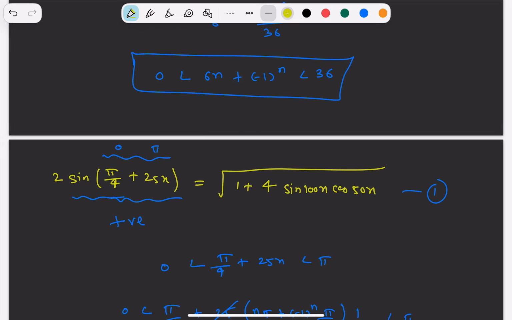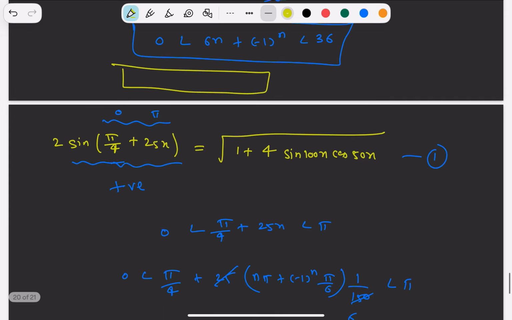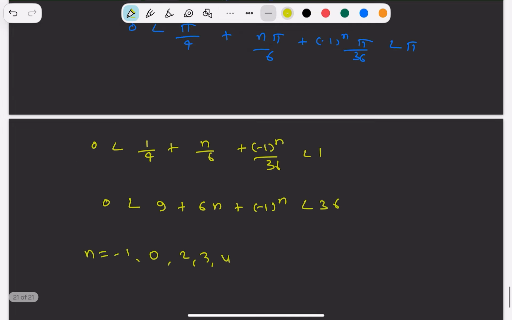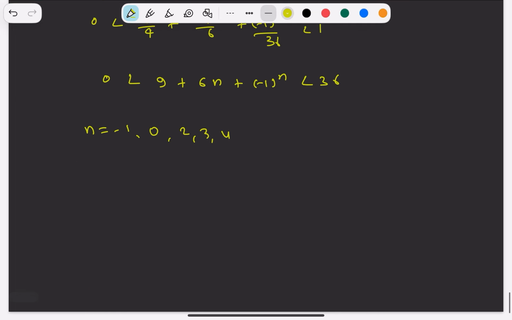So we need the common values, because both should satisfy. This is equation 1 we can write out here. So here, whatever numbers we wrote, n equal to 0, 1, 2, 3, 4, 5, correct?